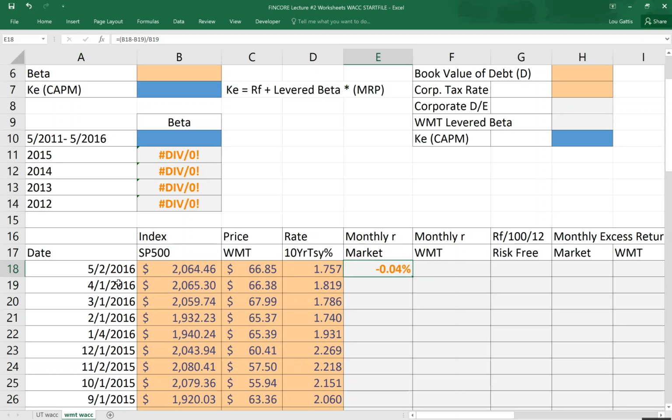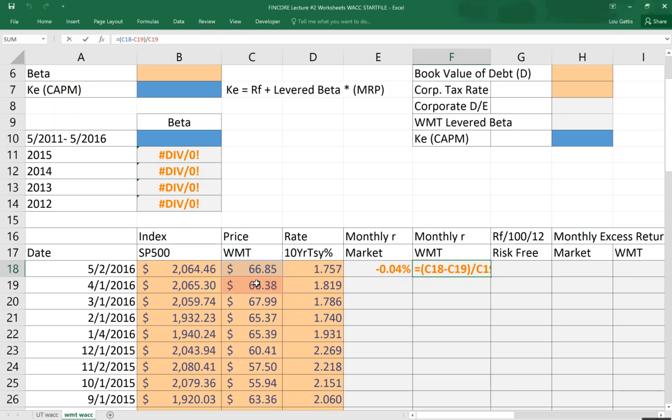So the market in May of 2016 from April of 2016 was down 0.04%, or 4 basis points, as they say in finance. In finance, 100 basis points is 1%. So 0.04% is 4 basis points. I'll then copy this over here. This is my return of Walmart for the month.